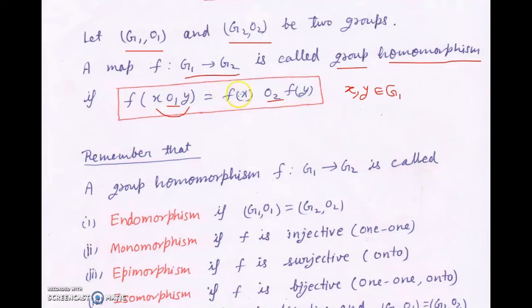So what is the structure in the group? The structure is the algebraic structure, that is due to the operation in the group. So those maps which preserve that structure or operation are called group homomorphisms.